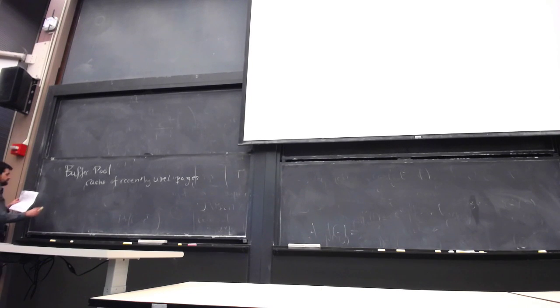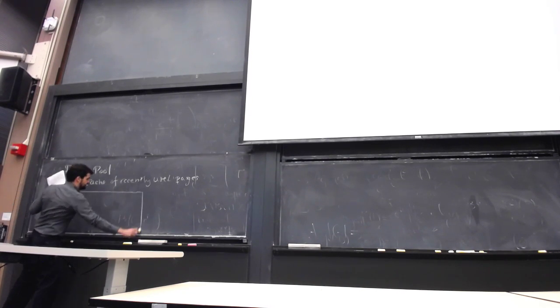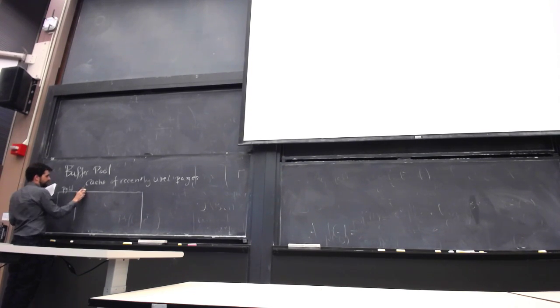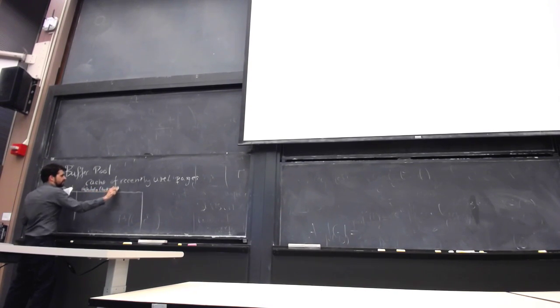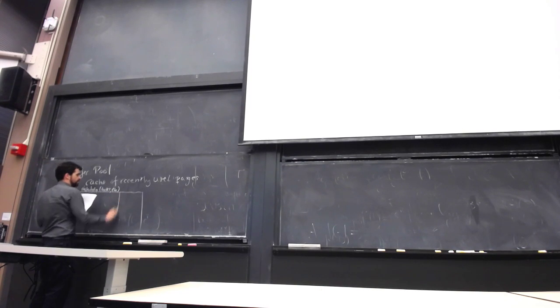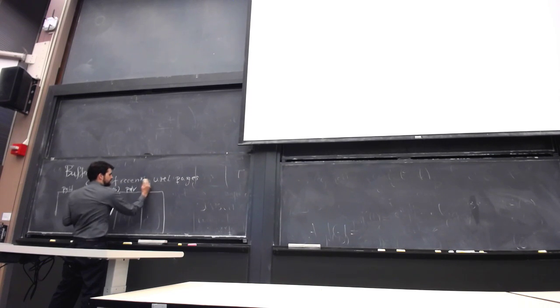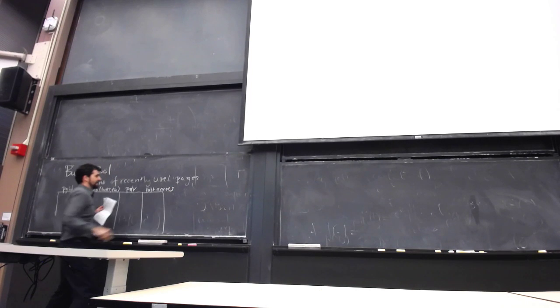We can think of the buffer pool, conceptually, as just a table: page ID, some metadata like locks, etc., then a pointer in memory, and then some information like, for example, last access time.